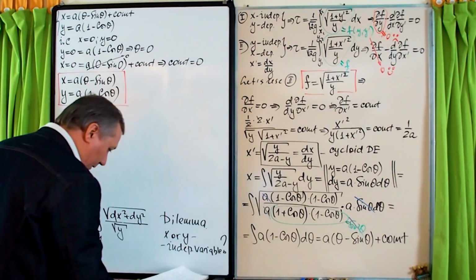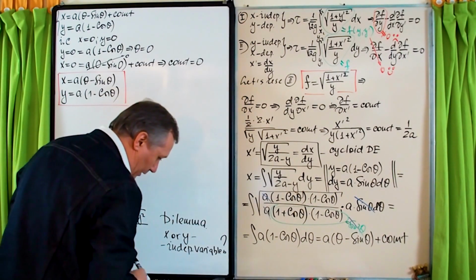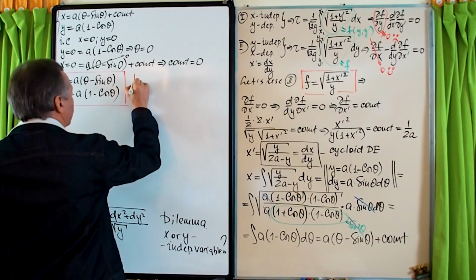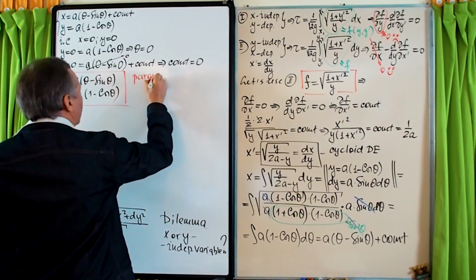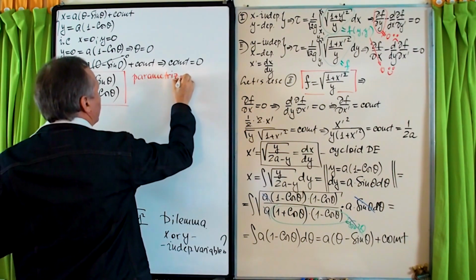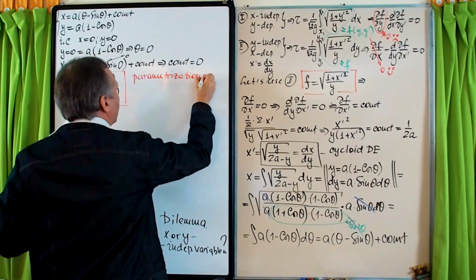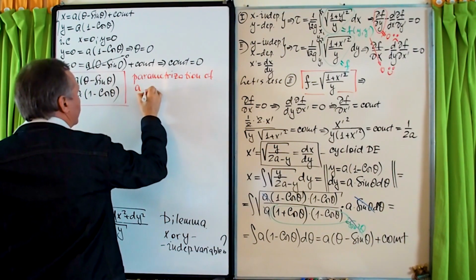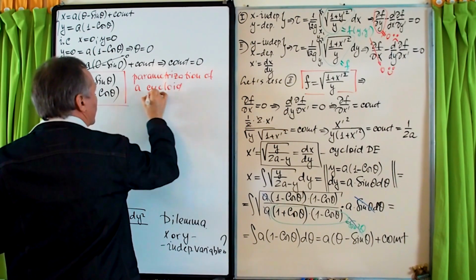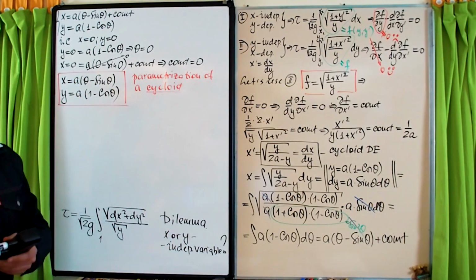Which way did I write it? Parameterization of a cycloid. So basically, this is the equation of a cycloid.